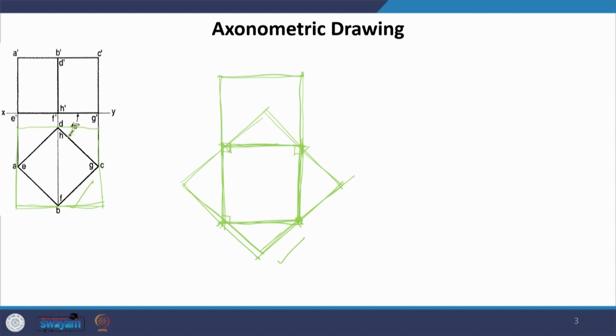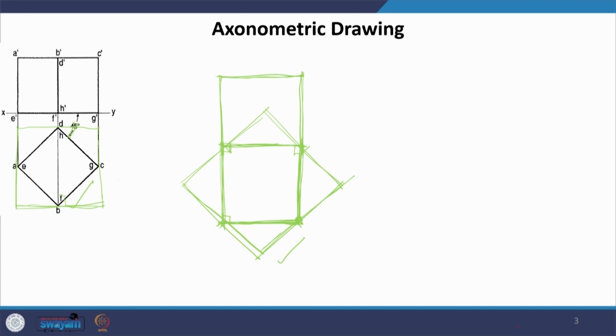This angle is given as 45 degrees, and now you can see that 45 degrees of this and 45 degrees of this. So, if you rotate this by 45 degrees, again this is what we are going to get, a perfect square, and then raising it, it does not look very clear. It does not give us a very clear idea of what this 3D object is. In fact, for such cases, the isometric will give us a better idea.